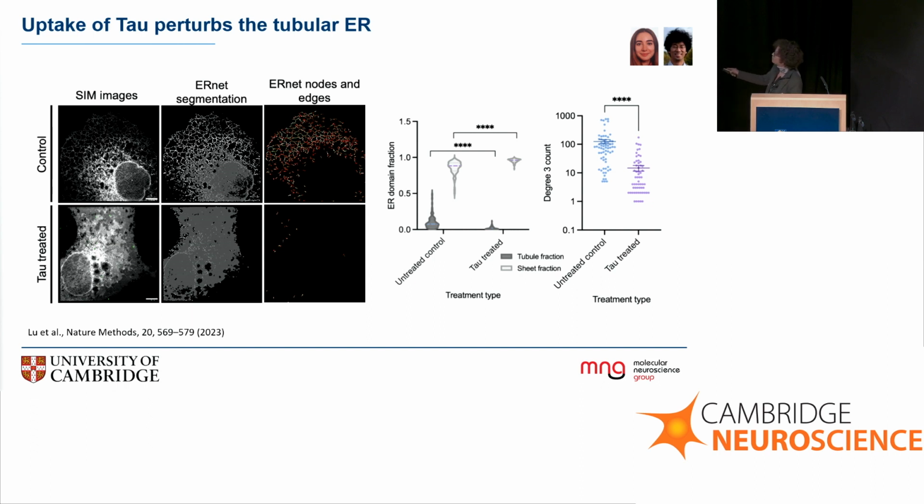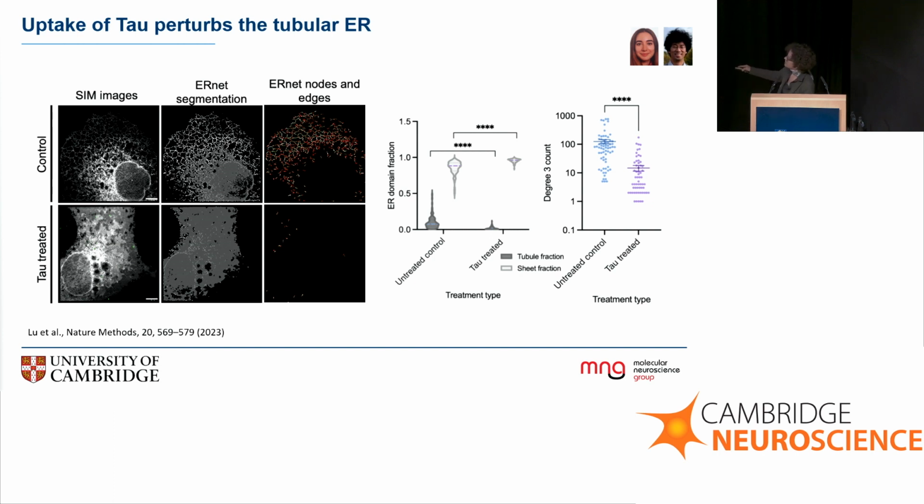And then we have recently published a method to analyze the distribution of the tubular and sheet ER using a machine learning-based segmentation method. And using this method, by segmenting this, we can really look at the level or the percentage of the tubular ER in the periphery, and then compare that to the level of sheet ER that we see.